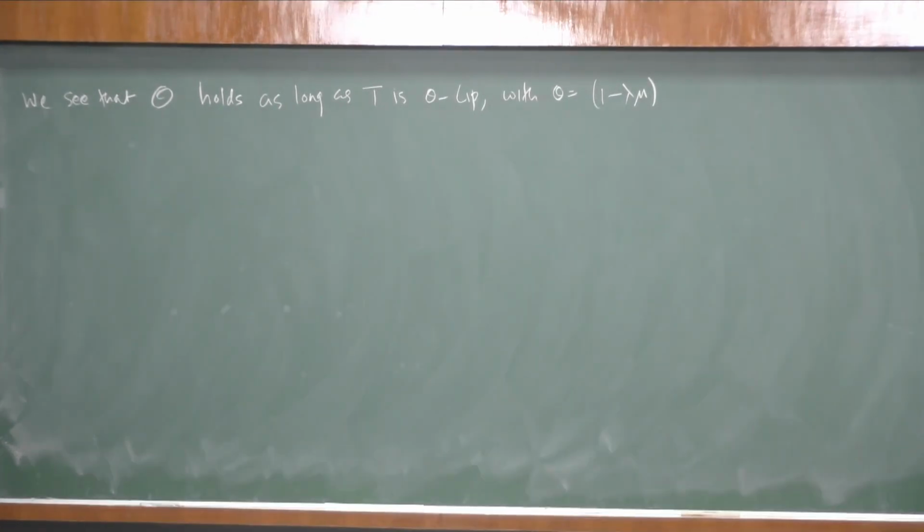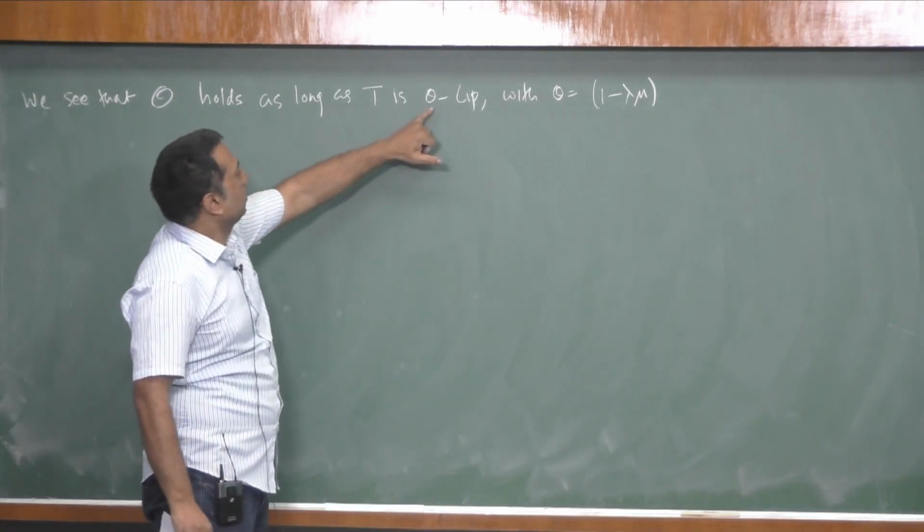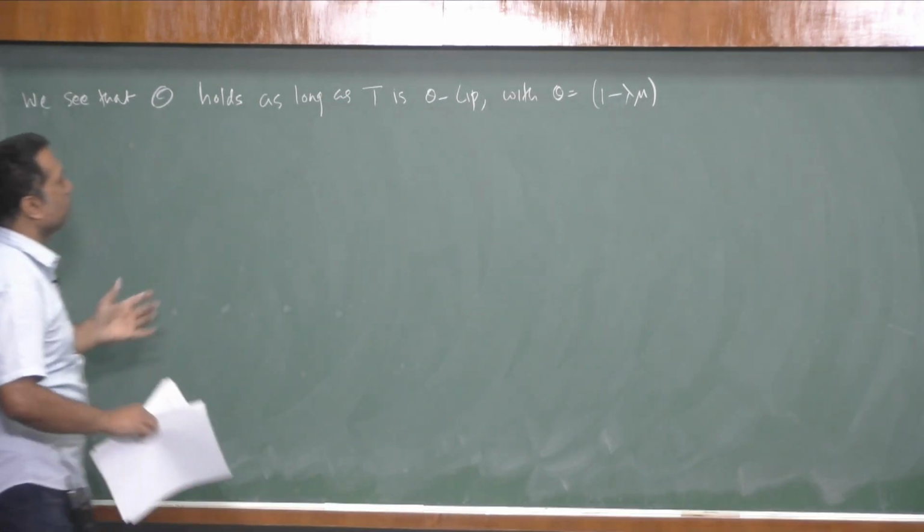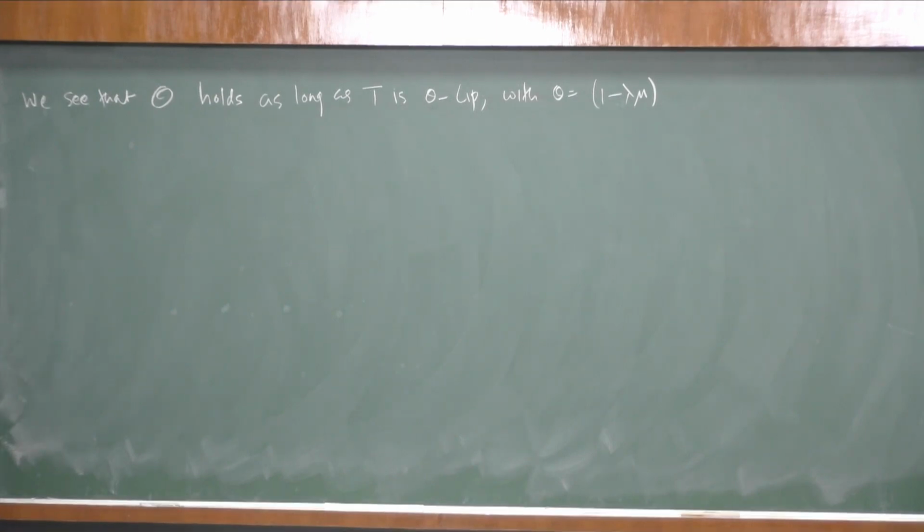A result that we did before is that if an operator or a function is theta Lipschitz, then it's equivalent to saying that the norm of the derivative of t will be bounded by theta.